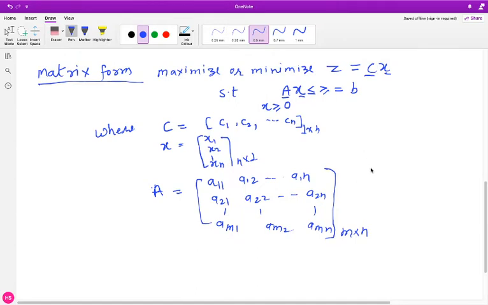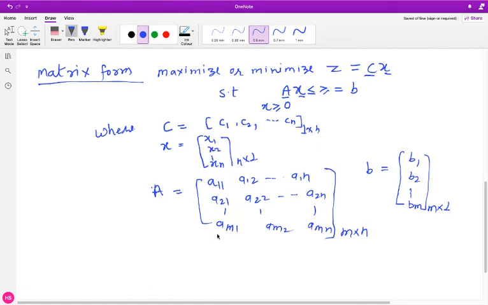Now, b is equal to b1, b2 dot dot bm. So, the dimension of this is m by 1, m number of rows and 1 column. So, that is how we can represent a linear programming problem in the form of a matrix.